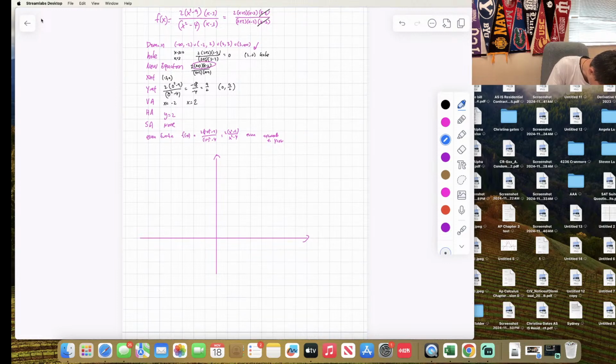Did you guys graph the vertical asymptote yet? Did you graph two vertical asymptotes? Yeah. Did you graph a horizontal asymptote?